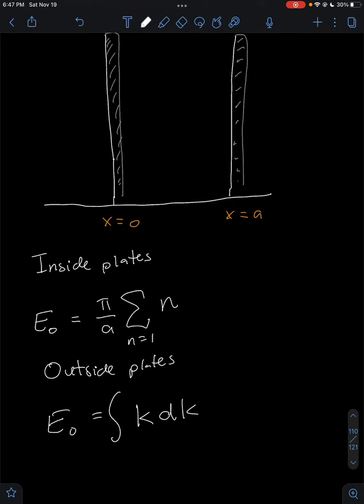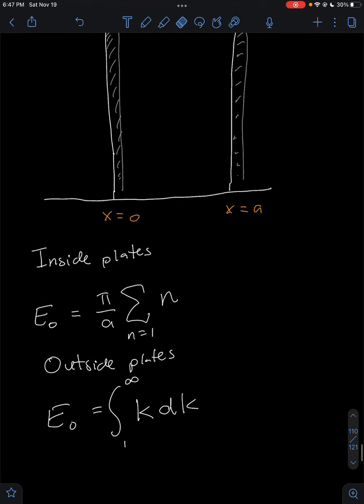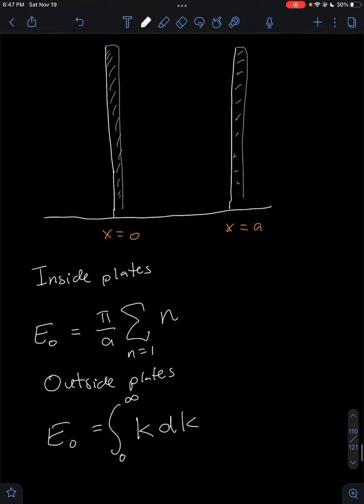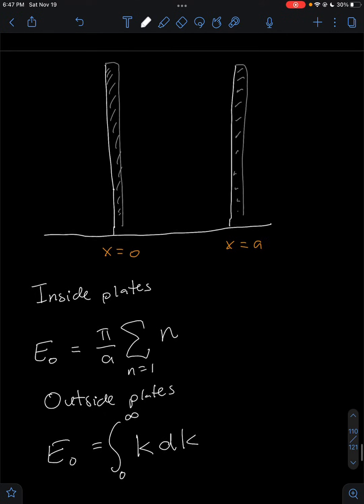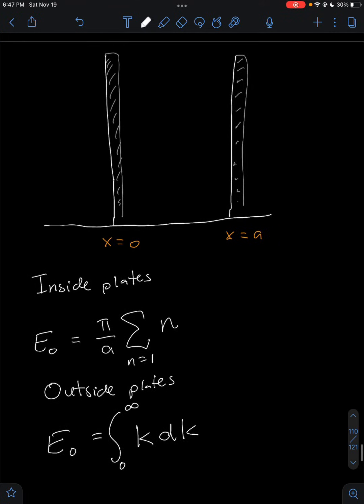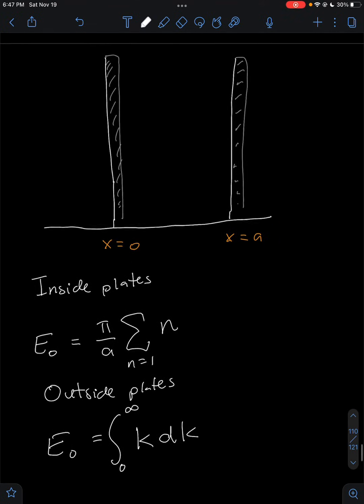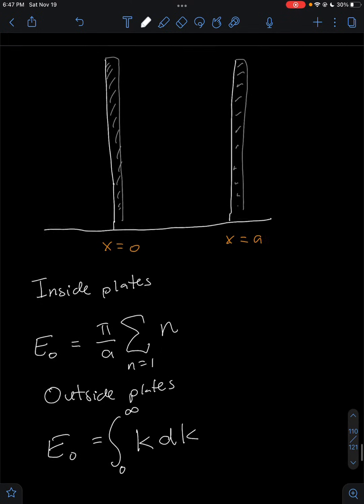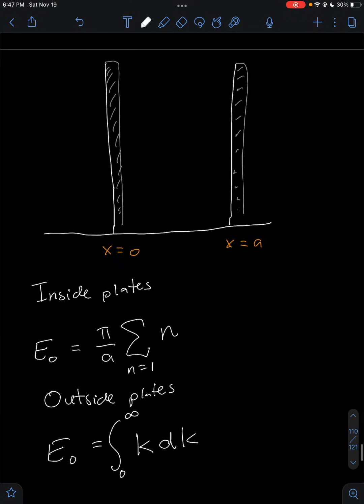So that's just from 0, or really from 1 to infinity. Or actually, we can just integrate from 0 to infinity, just for funsies, if you want to consider the case where it has 0 momentum. So yeah, that is what E naught is going to be. And it turns out that we can actually write E naught sort of like this over here.